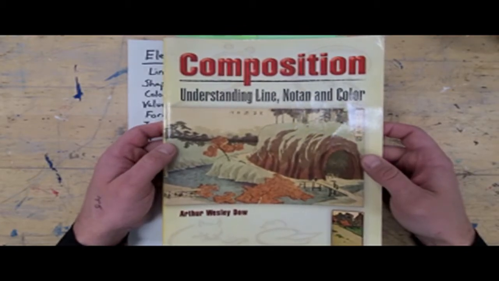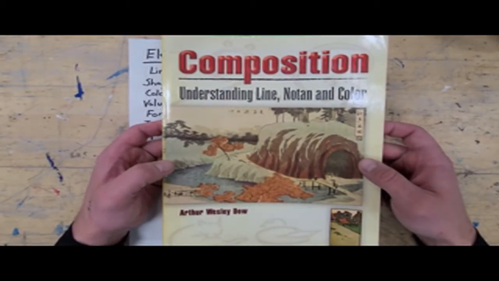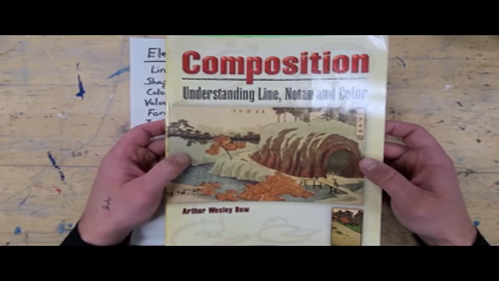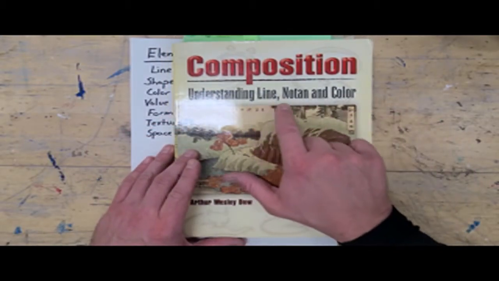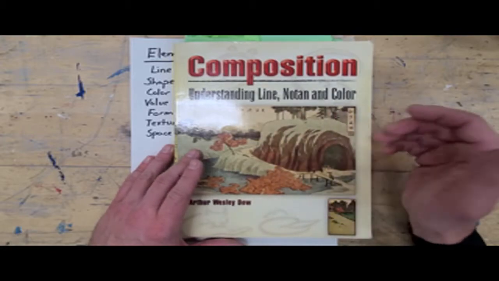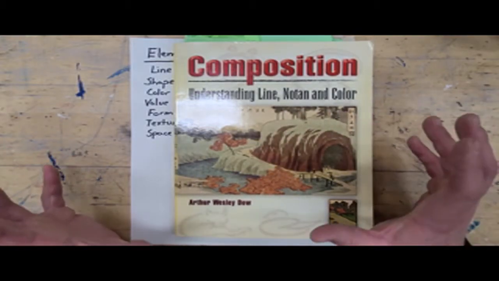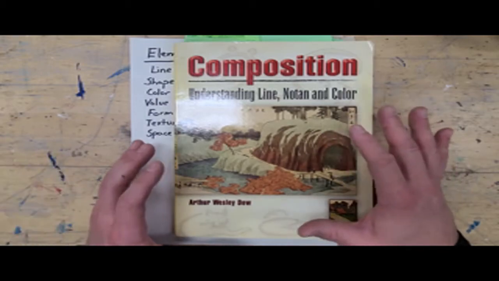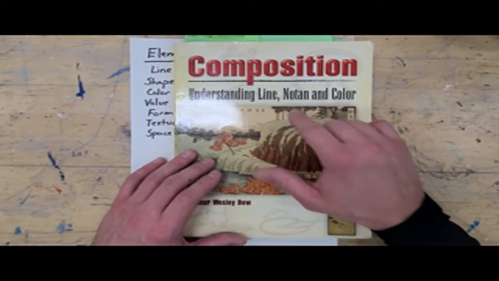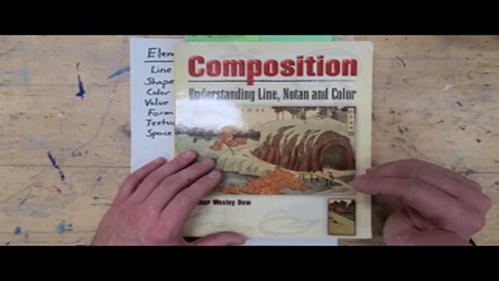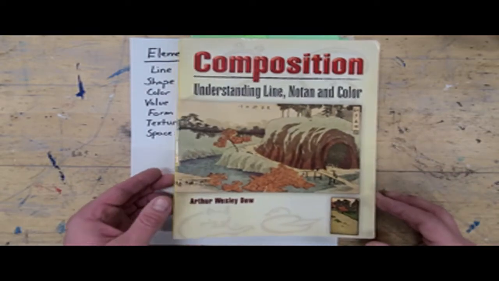The elements and principles of design were first addressed in writing by Arthur Wesley Dow in his book Composition, and it says under line, notan, and color. So he's essentially setting up the elements in the title. Notan is a fancy word for how much light, what we often refer to as value today.